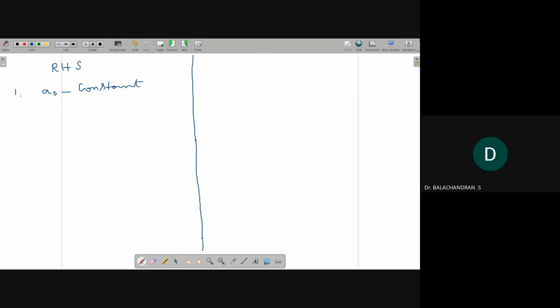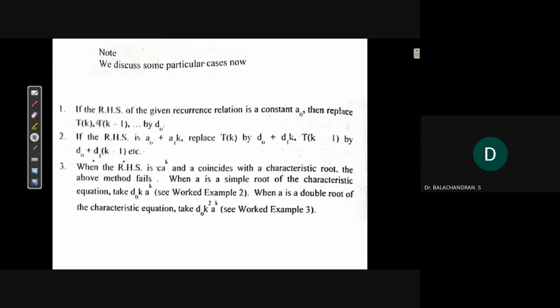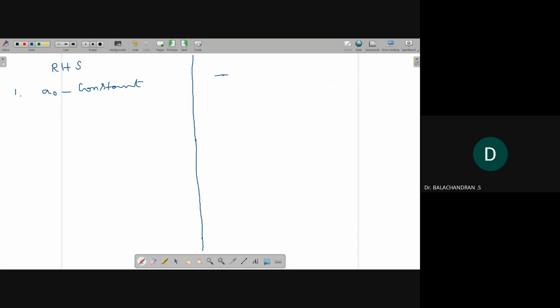How will you choose t of k? You'll choose some other constant d naught. t of k minus 1 is also d naught, and t of k minus 2 is also d naught.